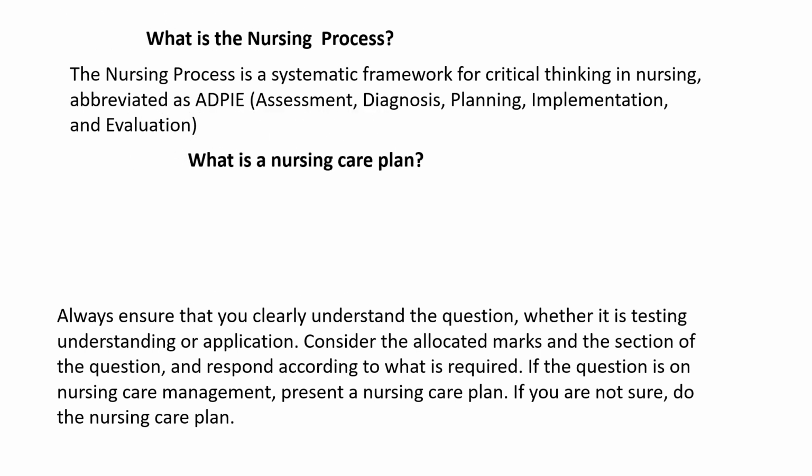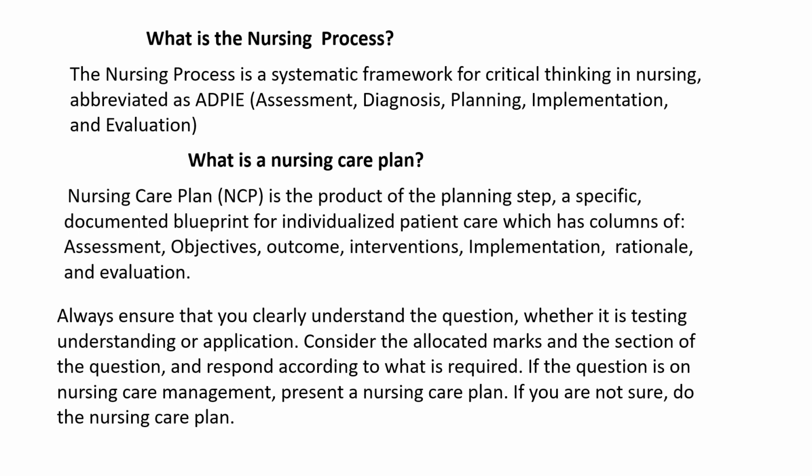What is a nursing care plan? Now that we've known a nursing process, what is a nursing care plan? A nursing care plan is a product of the planning step, a specific documented blueprint for individualized patient care which has columns of assessment, objectives, outcome, interventions, implementation, rationale, and evaluation.